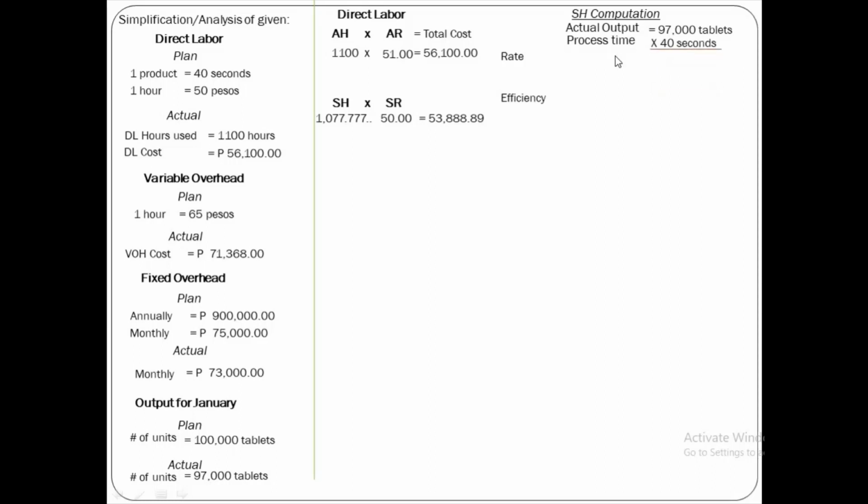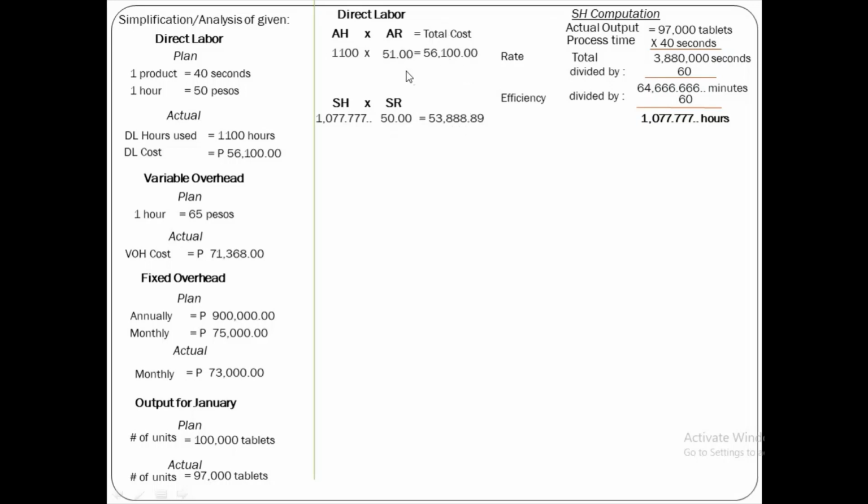And then, if you multiply them, you're going to get a total of 3,880,000 seconds. To convert that into minutes, you need to divide it by 60. So, in minutes, that is 64,666.66 minutes. And in order to convert that into hours, you need to divide it again by another 60. And that's how you get the 1077.77 hours.